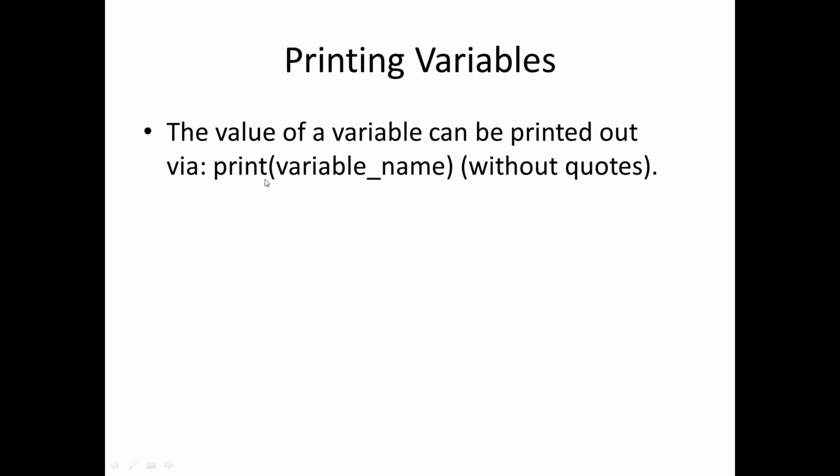We just use the print statement with the variable name. Now notice we don't put the variable name in quotes because we're not using a string literal here. We are using the value that's inside of the variable name. So this print statement will look at the variable name, find the place in memory that's allocated for this variable name, and take its value and print it.